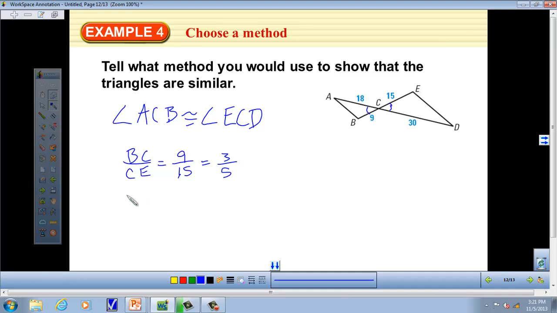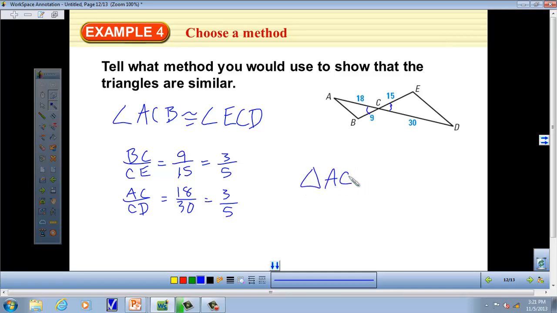And we would say that AC over CD in this case, because those are the bigger sides, would give us 18 over 30. 18 and 30 are both divisible by 6. 18 divided by 6 is 3. 30 divided by 6 is 5. So therefore we can state that triangle, and be careful with the writing here.